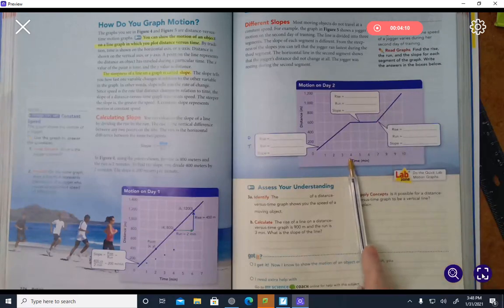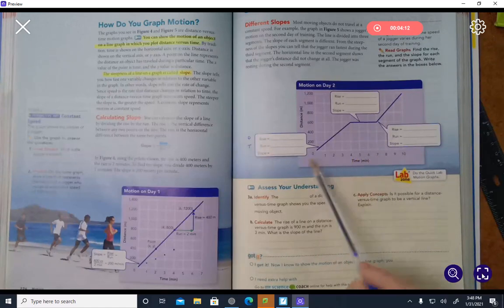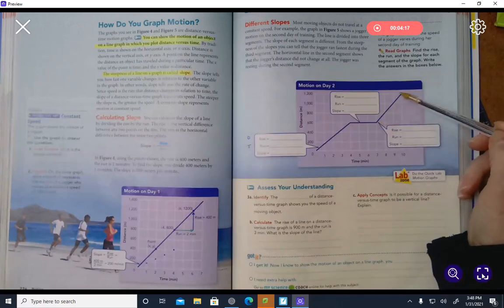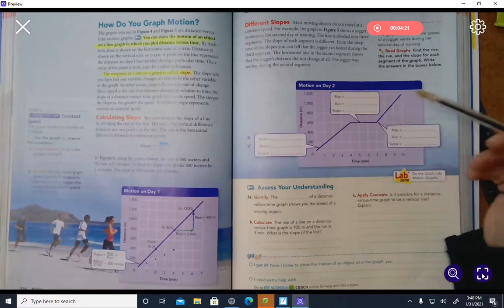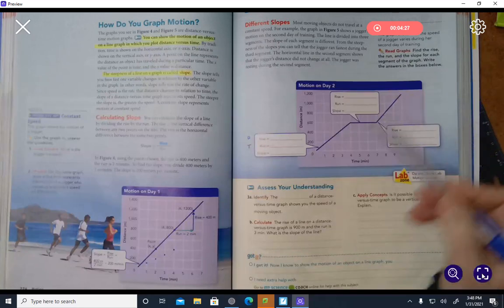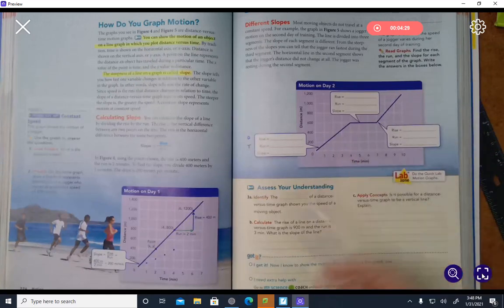In other words, you can't really stop time, but this person stopped increasing their distance. And since this is what 6th graders would refer to as steeper, that's basically just speed. So this person ended up going faster than perhaps they started.